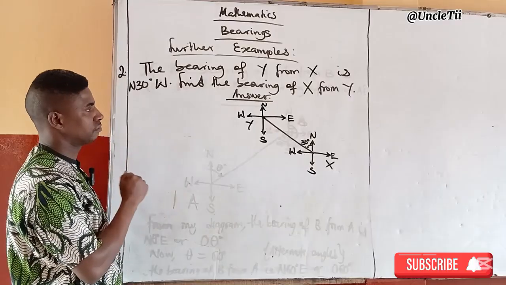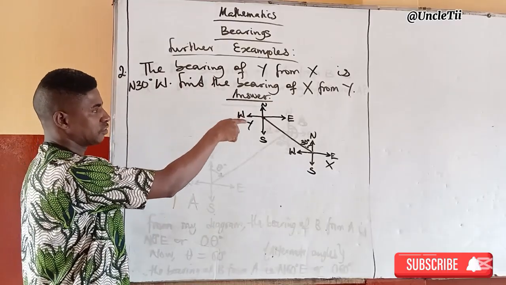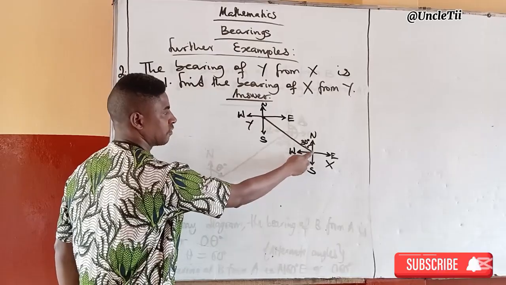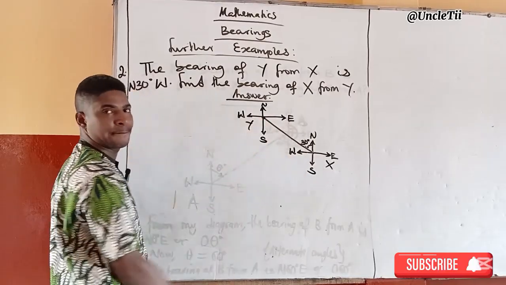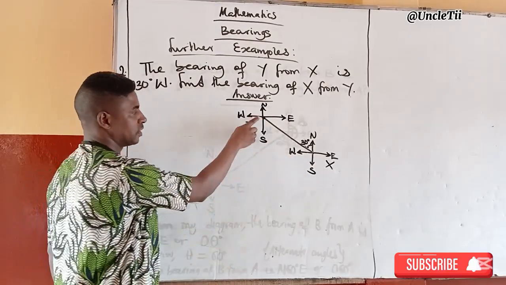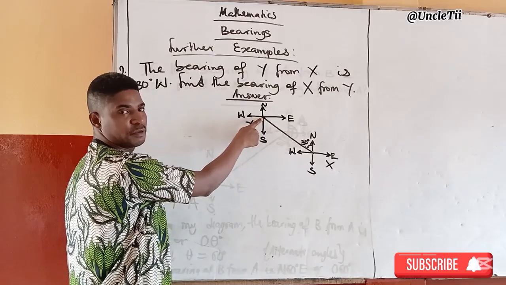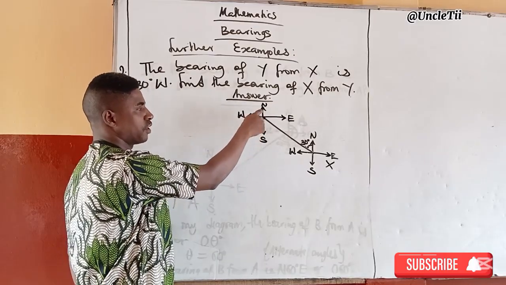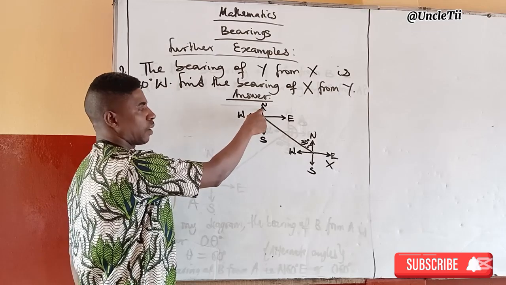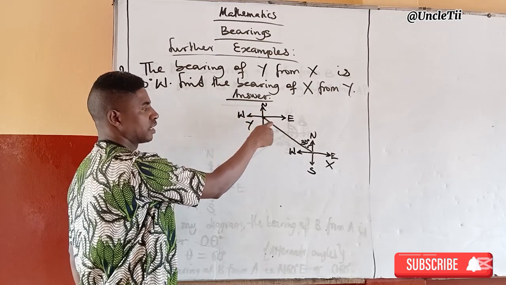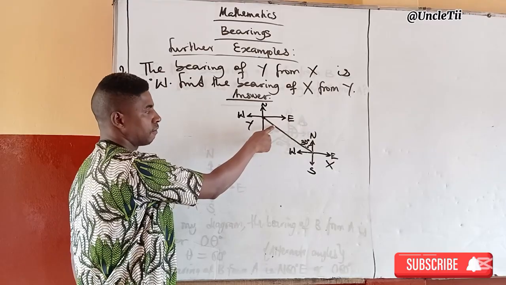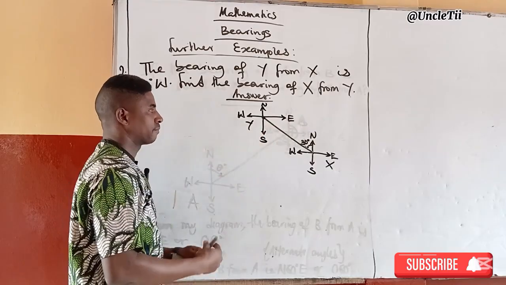Now to the question. Find the bearing of x from y. The answer will be found at y. It will involve moving clockwise from the north at y till you get to the straight line connecting x to y.